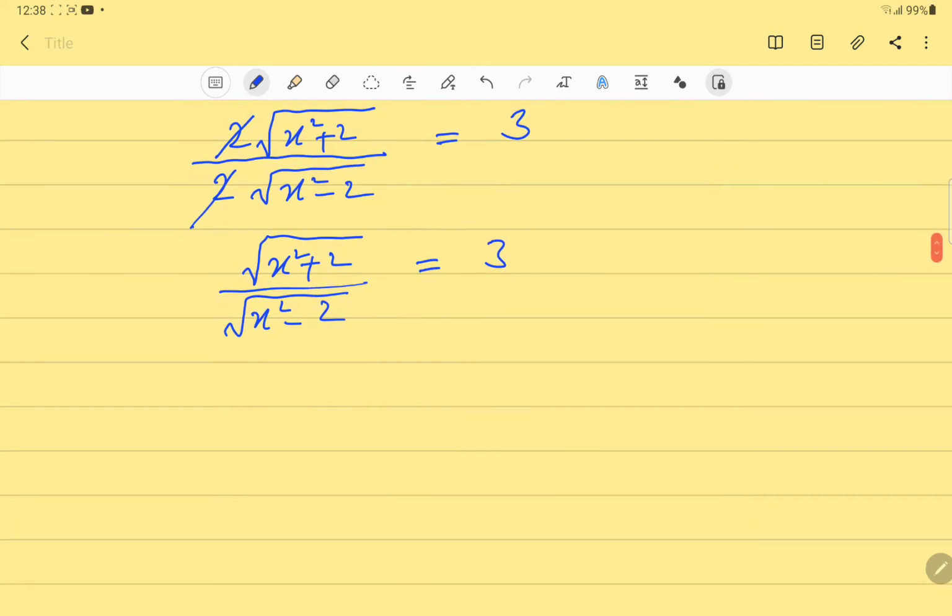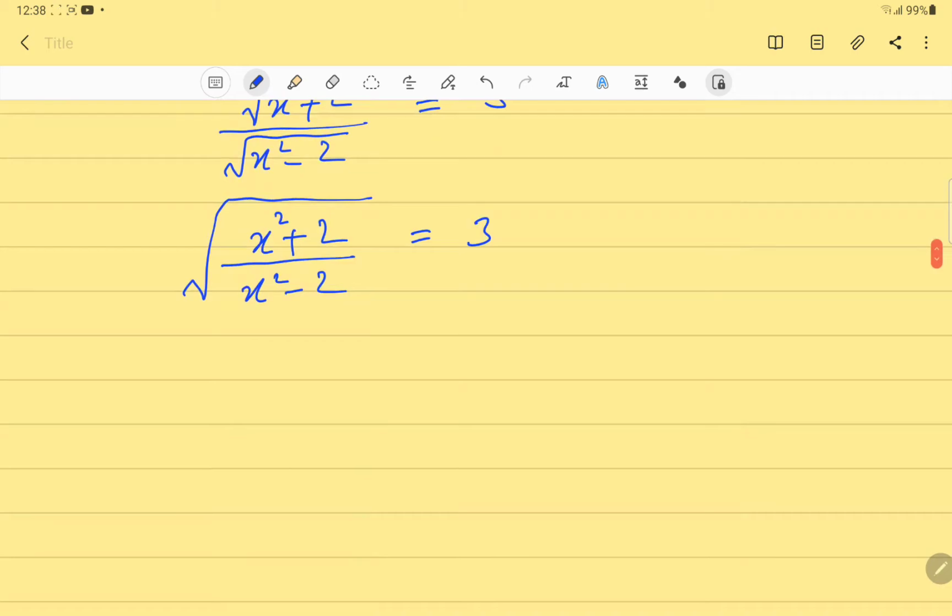Left side we can write as x squared plus 2 over x squared minus 2 square root equals to 3. Now we will take square of both sides, so we will be getting x squared plus 2 over x squared minus 2.